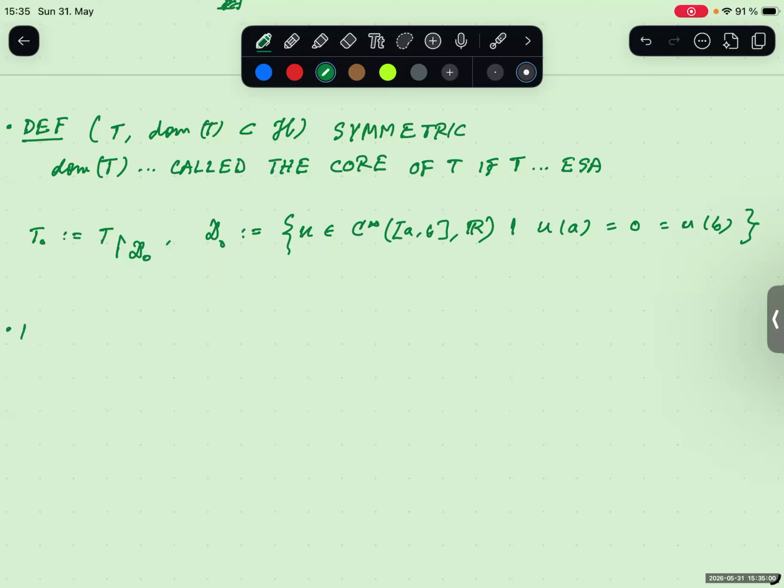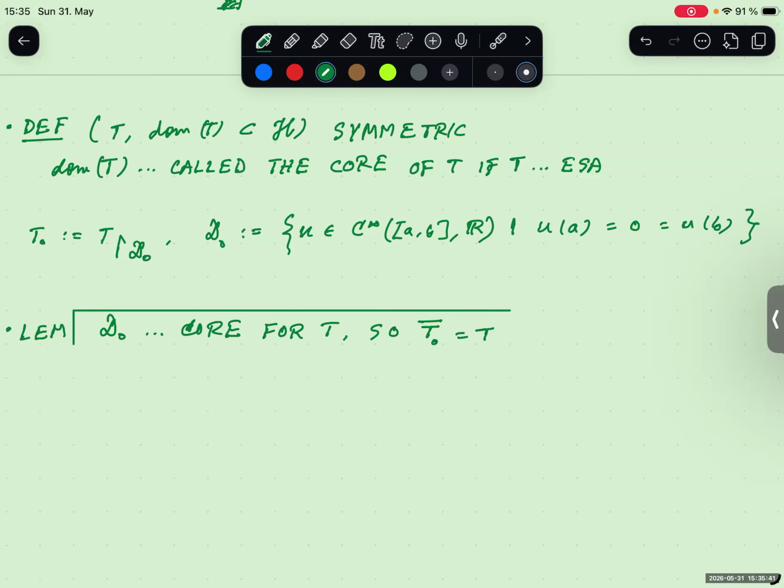Now we want to show a lemma: D naught is a core for T. That means if we take the closure, T naught bar is equal to T.